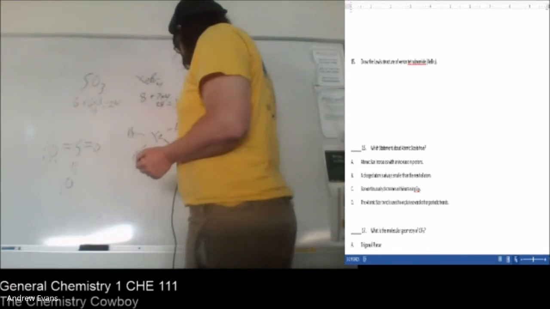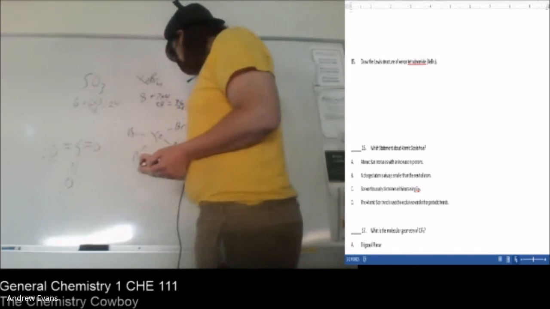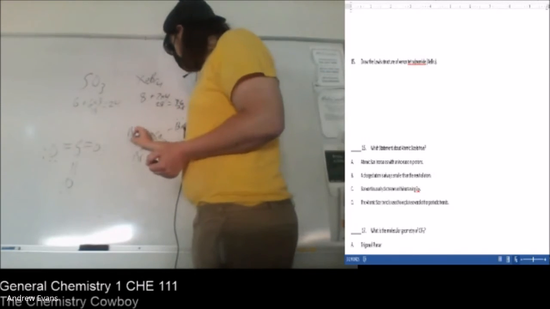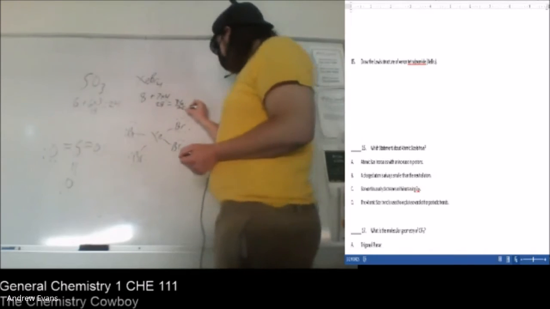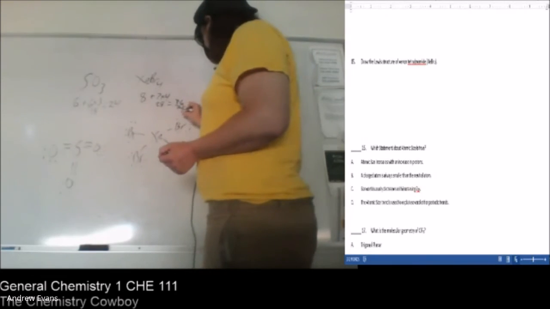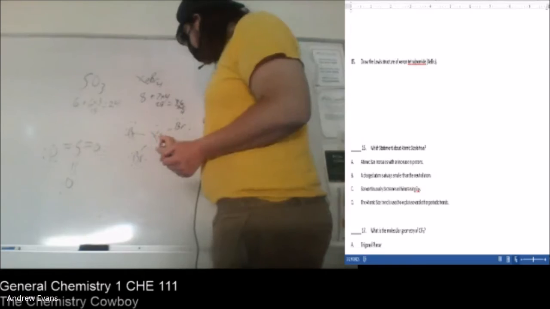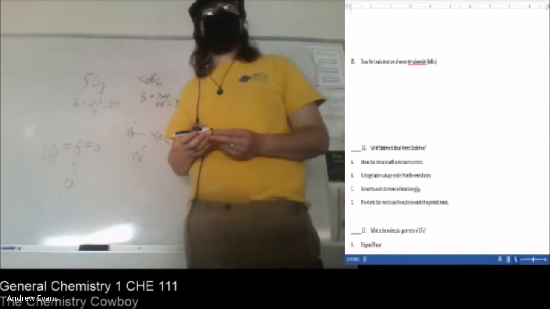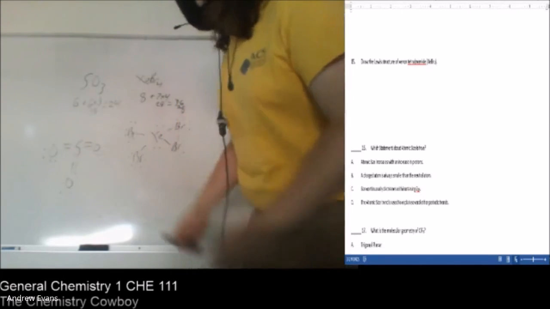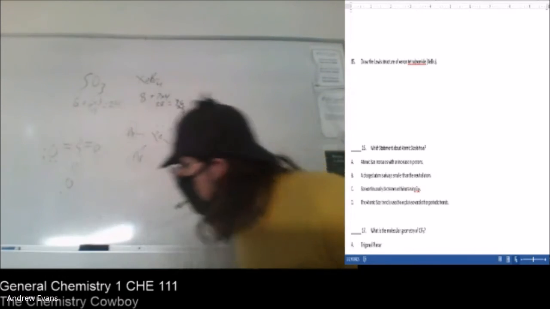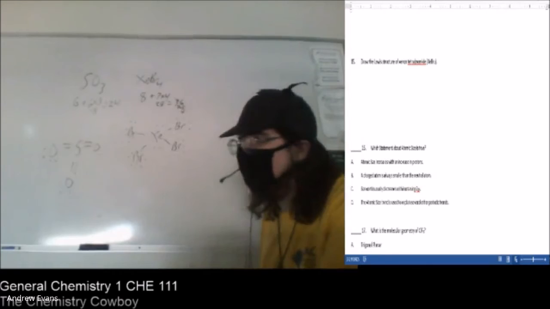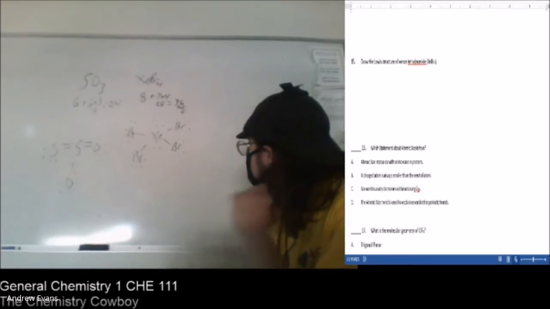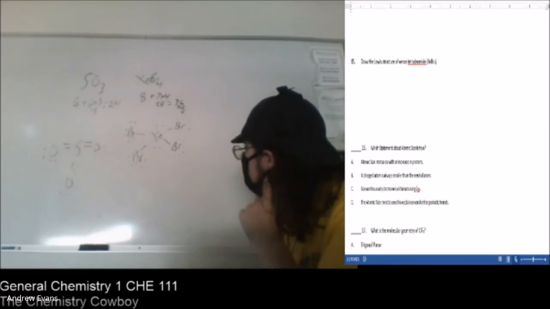Then I put 6 on everything. That knocks out 24, so we're down to 4. We put 2 lone pairs on xenon. If we were asked about its electronic geometry, you would say it is octahedral. If you were asked about its molecular geometry, you would say it's square planar.